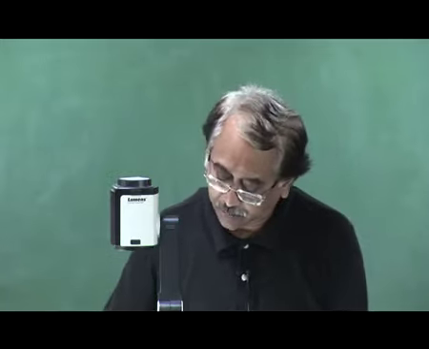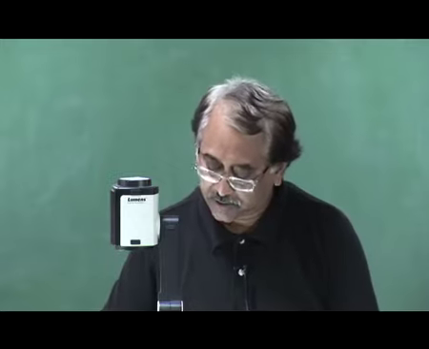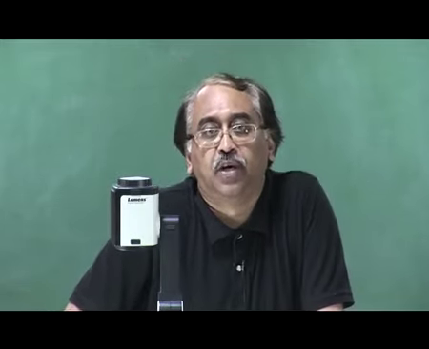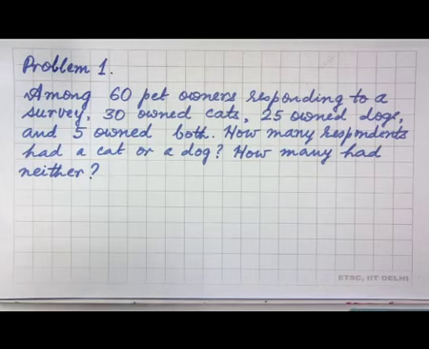I have a problem written up here. It saves me the time to write this down. It's a fairly straightforward problem. Let me read the problem with you first. Among 60 pet owners responding to a survey, 30 owned cats, 25 owned dogs, and 5 owned both. How many respondents had a cat or a dog?